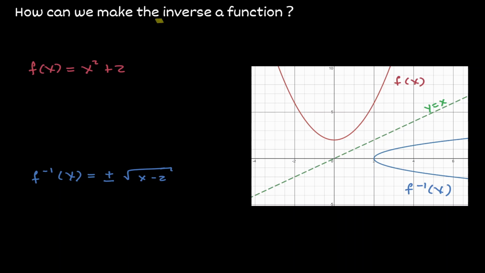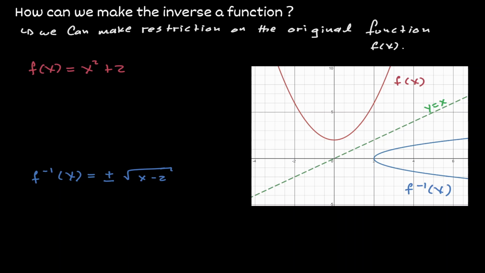So how can we make the inverse be considered a function? We can place restrictions on the domain of the original function, f of x. So notice that the original function, which is shown in red, does not pass the horizontal line test, which is an indicator that the inverse will not pass the vertical line test.